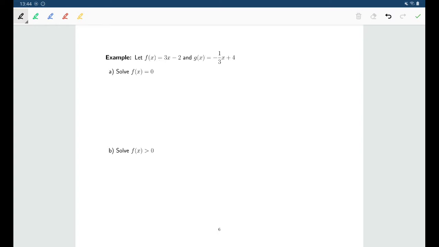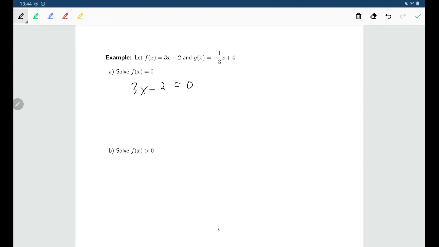The first part was just solving where is f of x equal to 0, and if you're thinking graphically, what is this telling us? This is telling us the x-coordinate for the x-intercept. So if we were solving f of x equals 0, what we're finding here is where do we cross the x-axis.